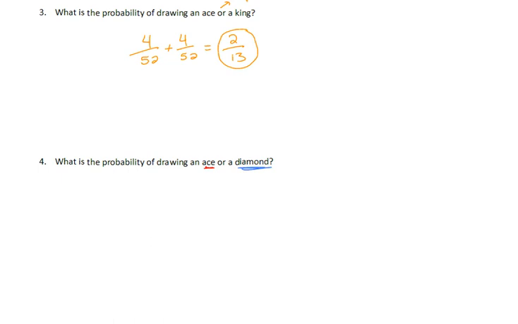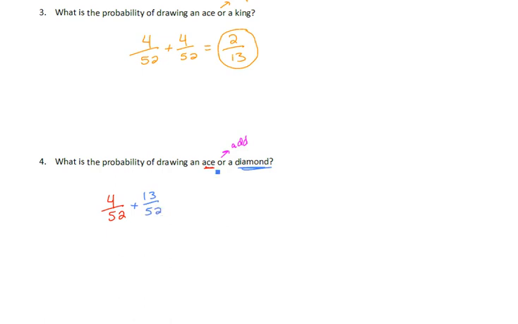So what's the probabilities of drawing an ace? Remember that we have that word or. So we understand or means that we're going to add aces. We've gotten pretty good at knowing that there's 4 out of 52 in a deck. How about diamonds? How many diamonds are there? Well, there's 13 of each suit, so we're going to add 13 of those 52.